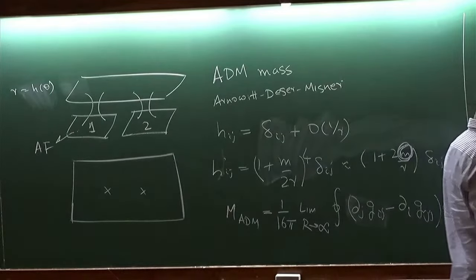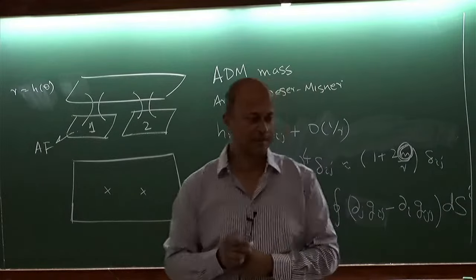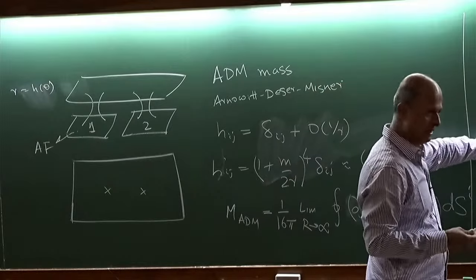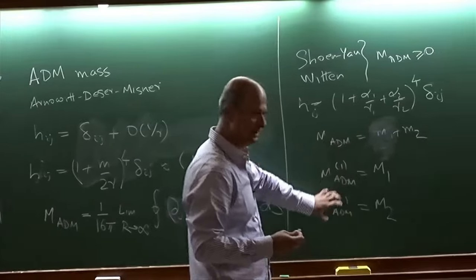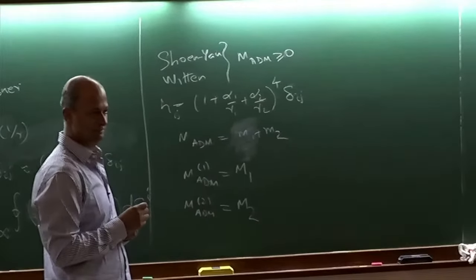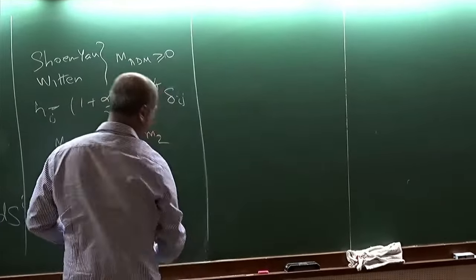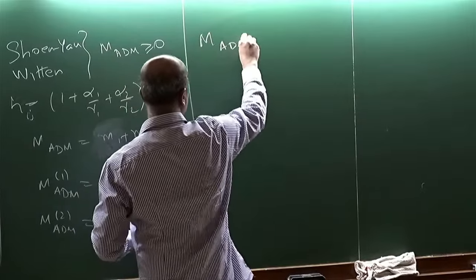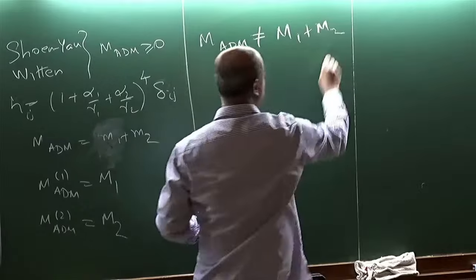Okay? And then this was in fact the goal of the original Brill-Lindquist paper, back in the 60s or 70s, I believe. So what they said was, well, the total ADM mass is in fact different from the sum of these ADM masses. This is what Brill and Lindquist found, which is that the total ADM mass is not the same as M1 plus M2.